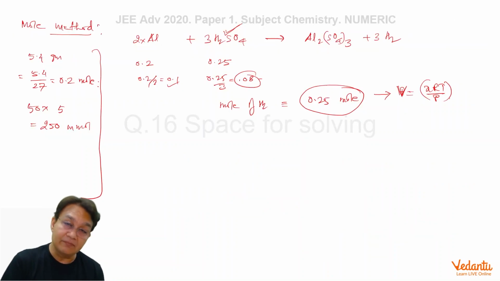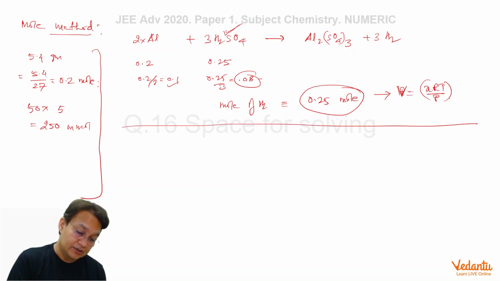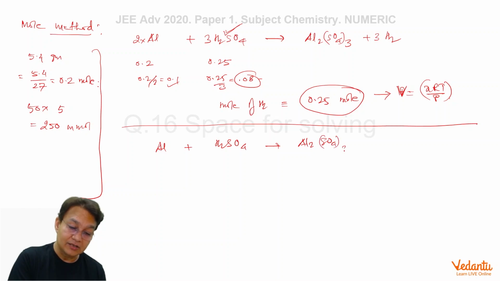How to do it by the equivalent method? In the equivalent method, we will not balance this equation. We'll simply write the products Al2(SO4)3 plus H2.